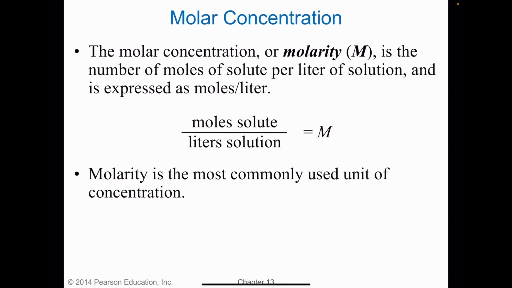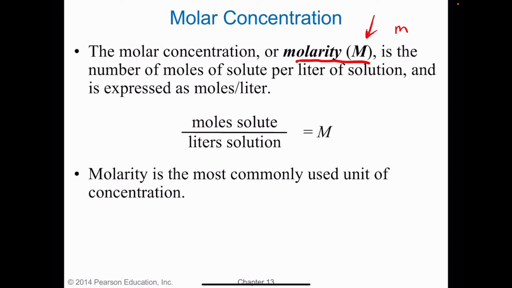Another, probably more common unit that we'll use is molar concentration, or molarity. It's important that you use a capital M, because lowercase m is something different. Lowercase m is actually molality, which I don't believe we're going to cover in Chem 130.